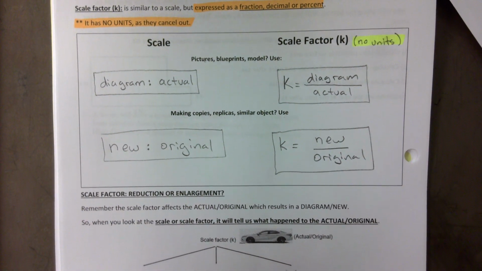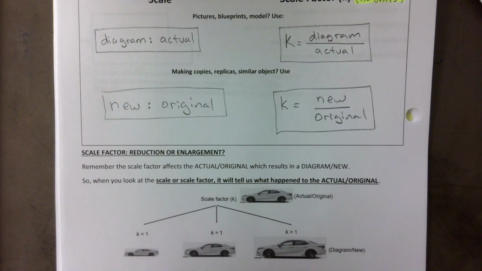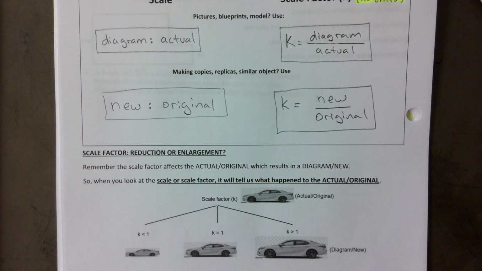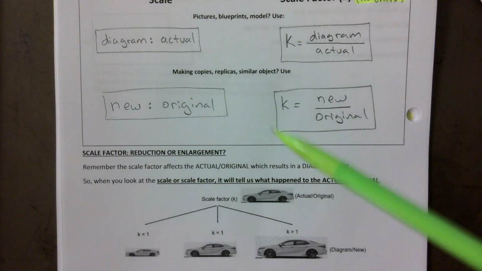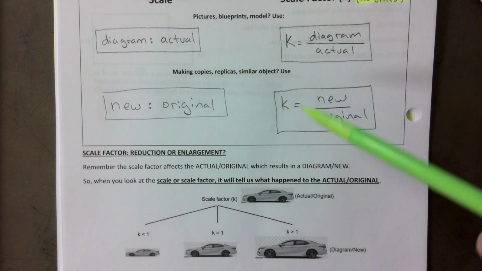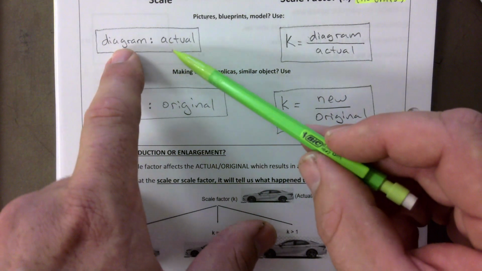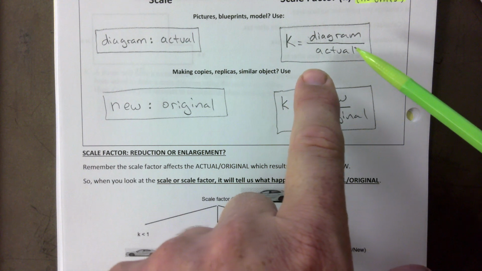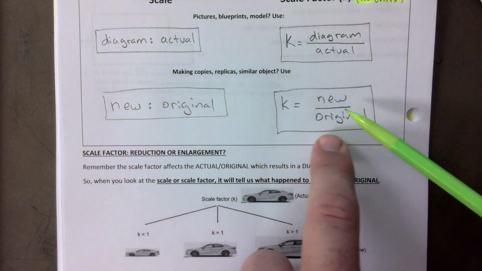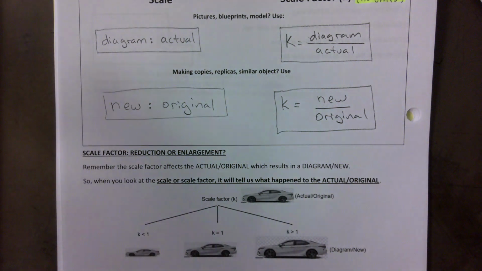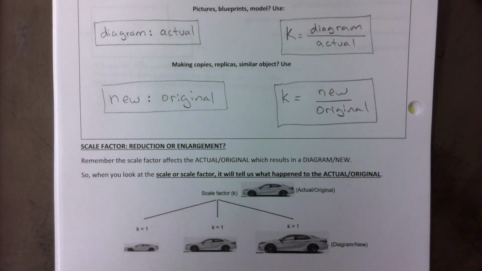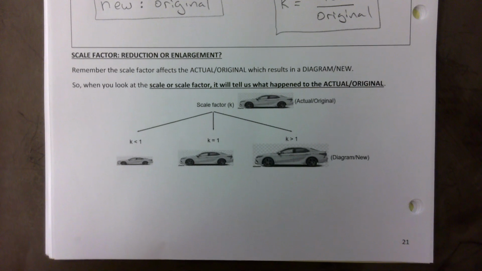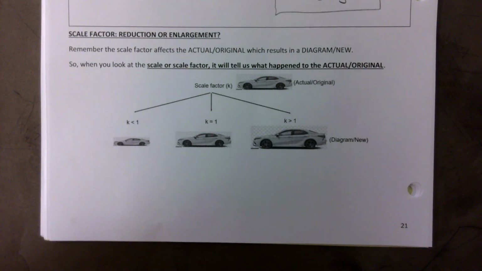So this is a concept that we're going to use a lot. I'll tell you this, whenever we're doing some sort of calculation, I turn a scale, boom, I turn it into a scale factor as soon as I have the chance. Okay, if I have this, I'll turn it into this. Scale factor, reduction or enlargement, what's happening here?